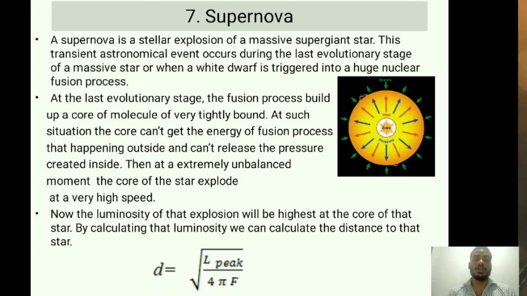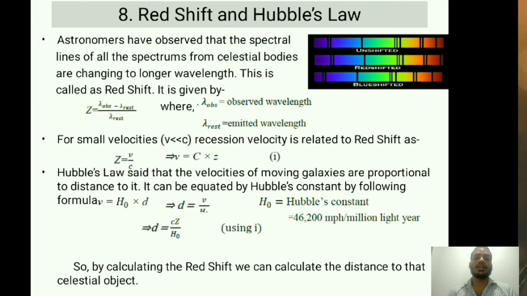Now the last technique I have used here is redshift and Hubble's law. Astronomers have observed that the spectral lines of the spectra from celestial bodies are shifting to longer wavelengths. This is called redshift, and it is given by z is equal to lambda observed by lambda rest, or lambda emitted by lambda rest. Now for small velocities, z is equal to v by c, which leads to v is equal to c z.